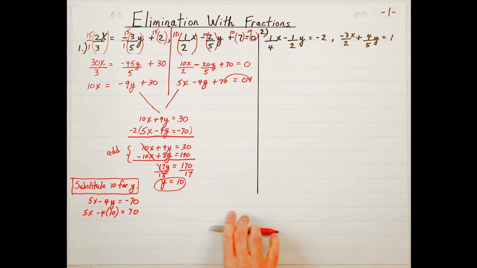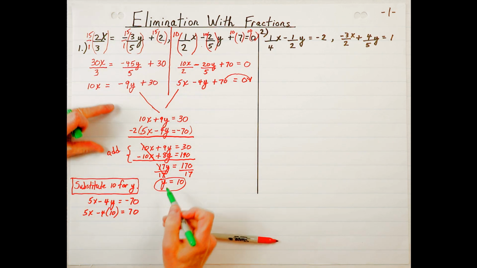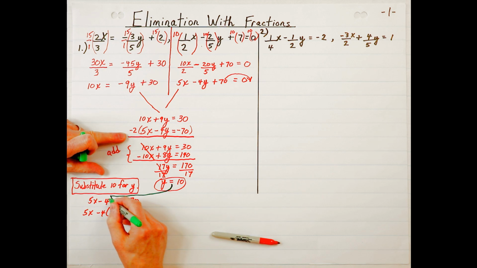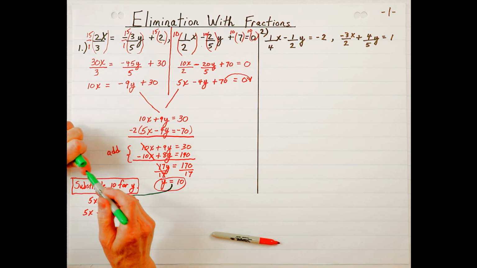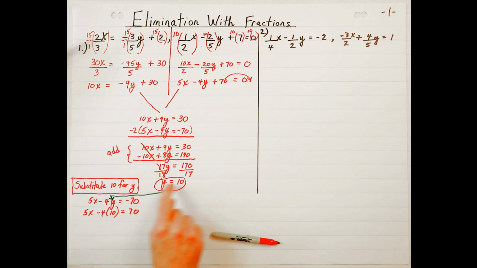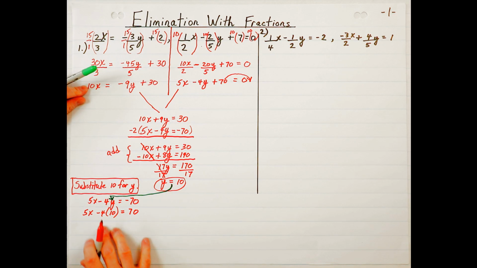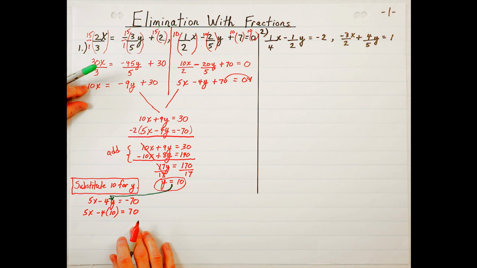So what I did, use my green marker for a second, I brought the 10 over here and I replaced the y with 10. And now we can solve this because one of the variables is now gone. We've replaced it with a number.